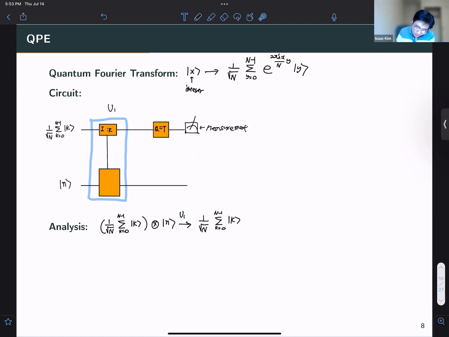If this first ket is K, then it applies the unitary transformation e to the minus iHK applied to N. But remember that N is the energy eigenstate, and therefore applying this to N gives you a scalar. And of course, once you get a scalar, you can move that around. So e to the minus i E_N K is a scalar.